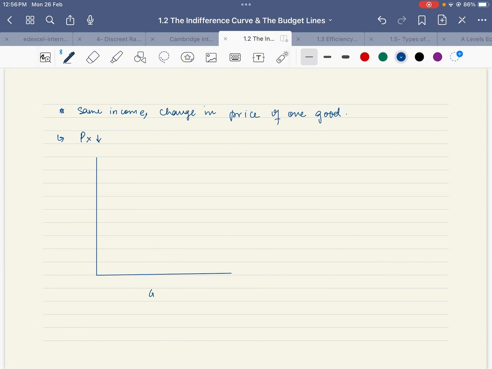Good X. The price of good X has fallen. The price of good Y is the same and income is also the same.